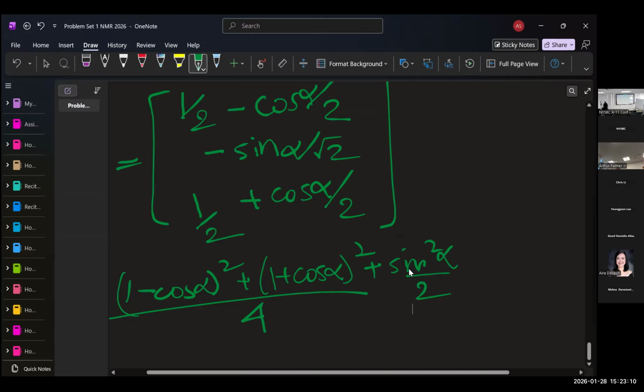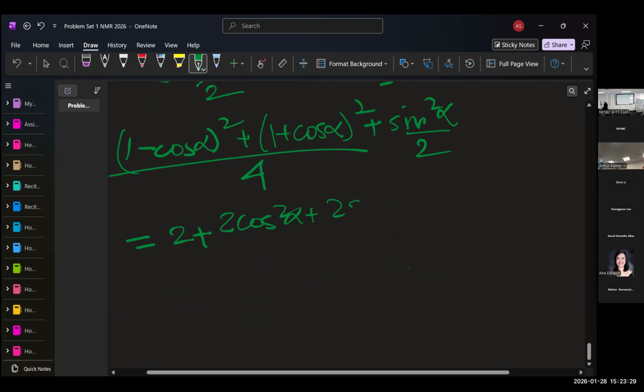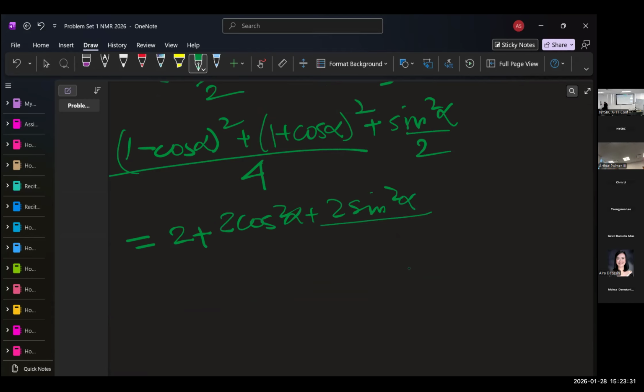If you use the relation that sine squared plus cosine squared is equal to 1, and you cancel out 2 cosine alpha from the two, by opening brackets of the two squares, you get something like 2 plus 2 cos squared alpha plus 2 sine squared alpha over 4, which is 1.